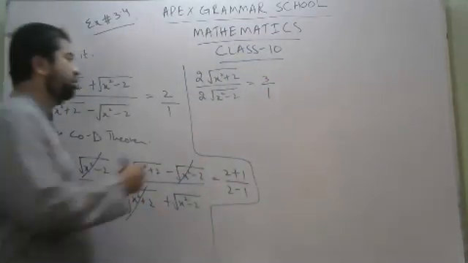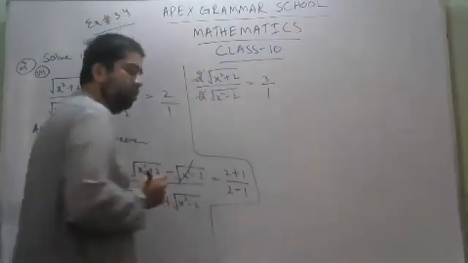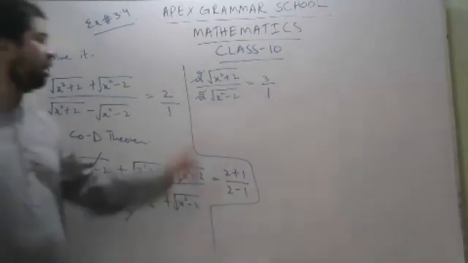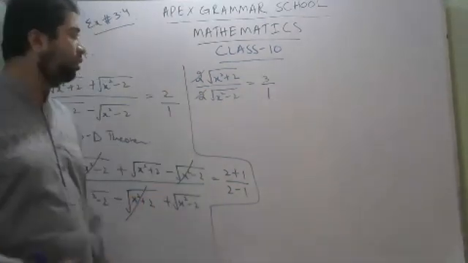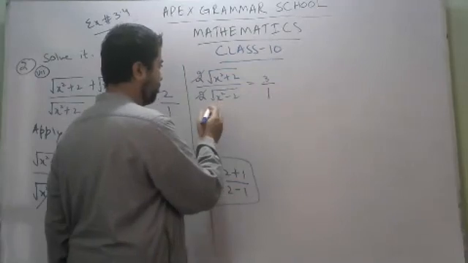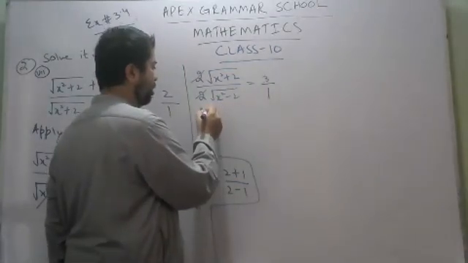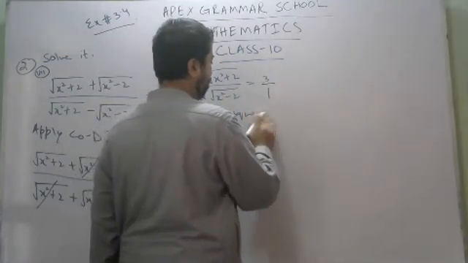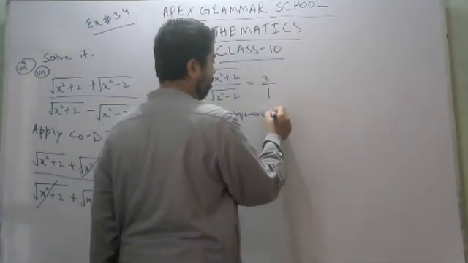So now cancel this 2 with this 2. Now we need to find the value of x, but this x is under the square root sign. We can apply square on both sides.